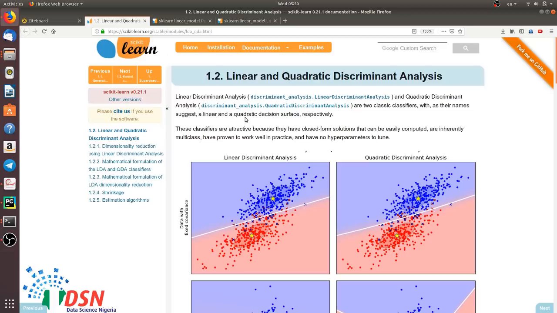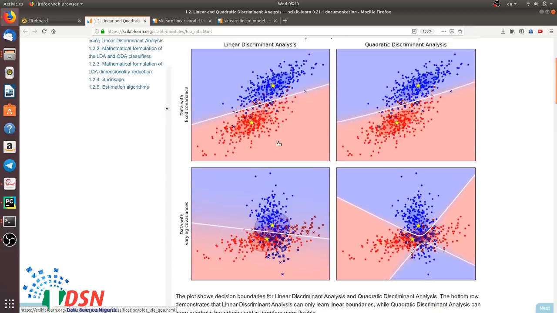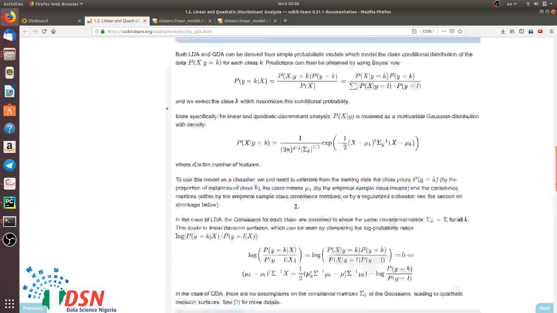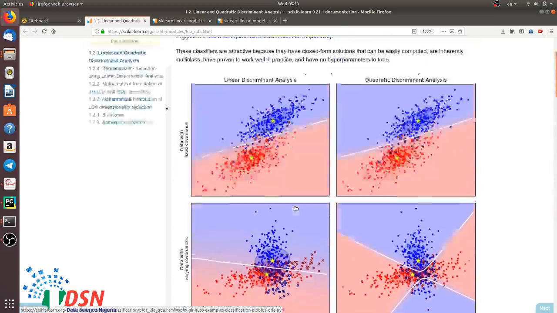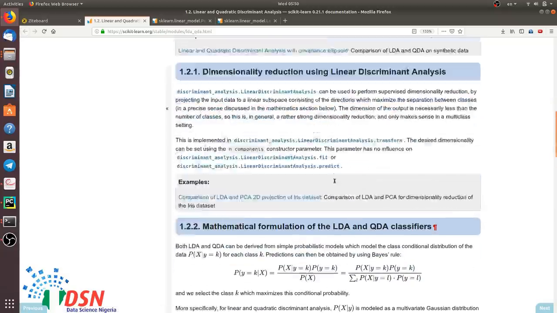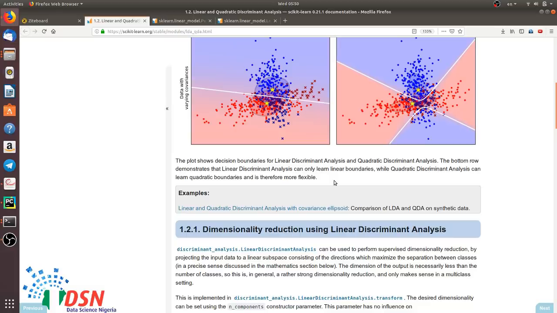So if you search for linear discriminant analysis, you could see a short explanation about how they work, which we talked about. LDA means linear discriminant analysis, which is Fisher's discriminant analysis.